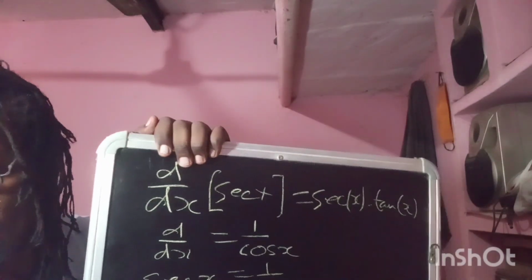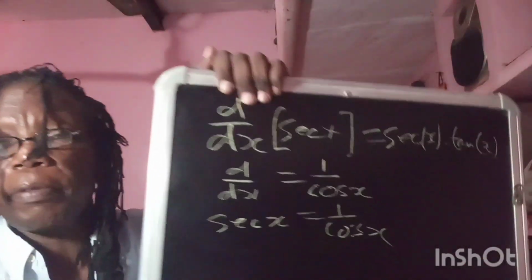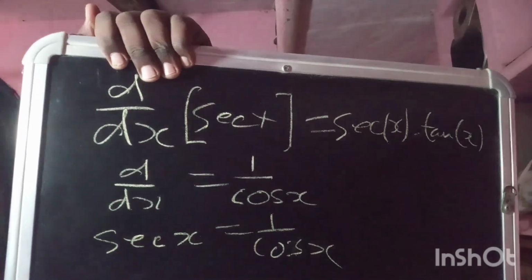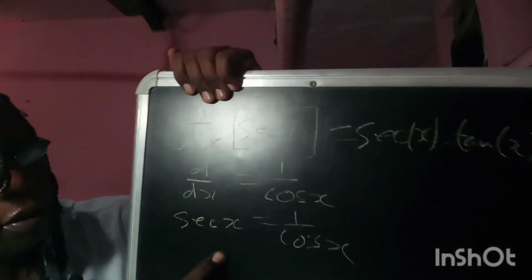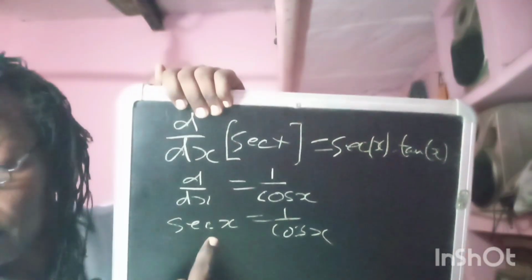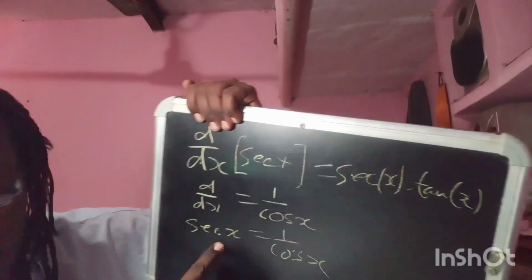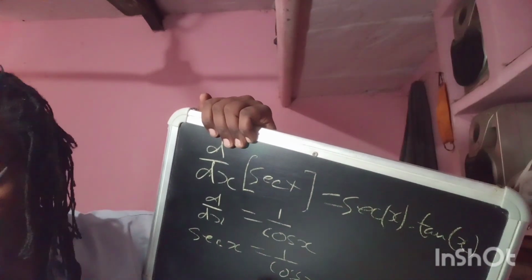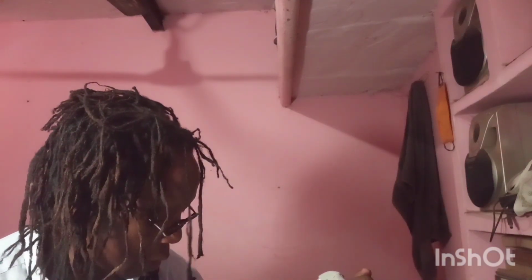So we go further down, we get, I think I have to wrap this one. If you have written this down, I want to wrap it. Now we are here at this stage. Okay, that's secant is equal to this. Now d over dx of 1 over cosine x. I have to write and then I'll show you.